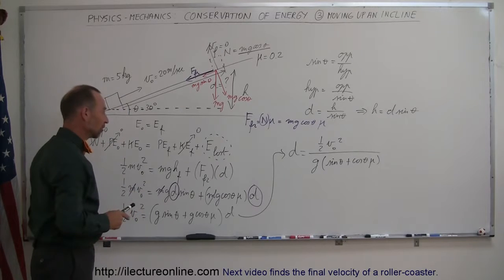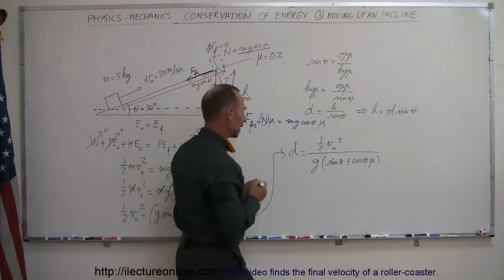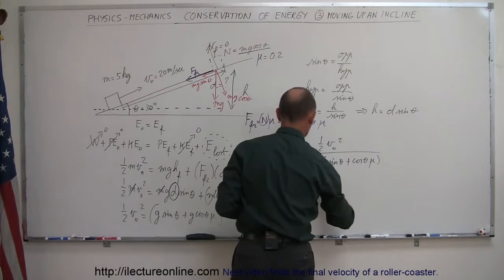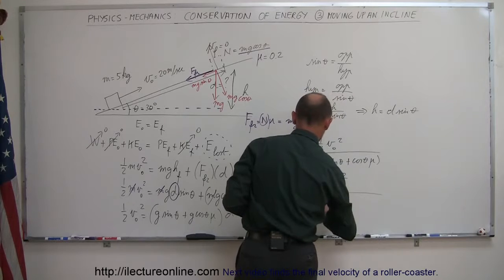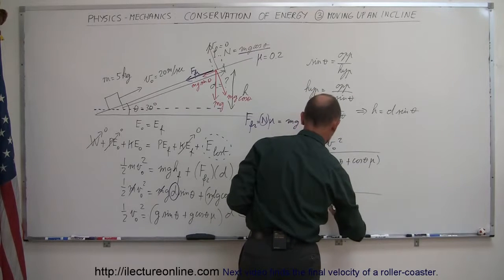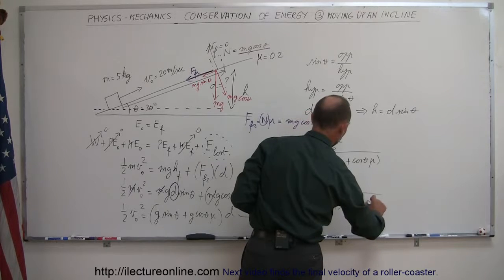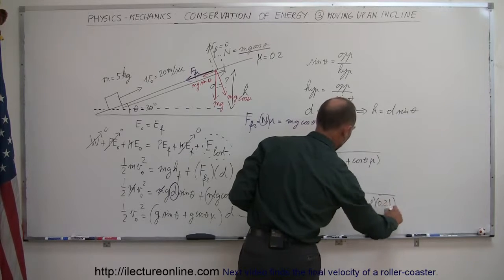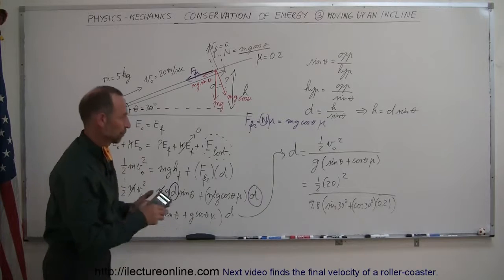So let's plug in all the numbers that we know. The initial velocity is known, and I'm going to leave out the units to make it a little bit cleaner. It's 1/2 times 20 squared divided by 9.8 times the sine of 30 degrees plus the cosine of 30 degrees times mu, which is 0.2. And now with a calculator, we can figure out what that is equal to.